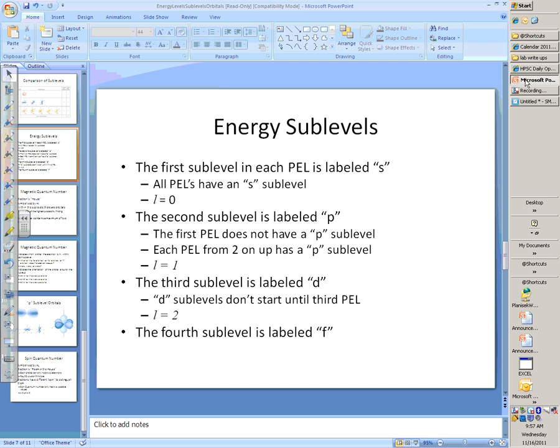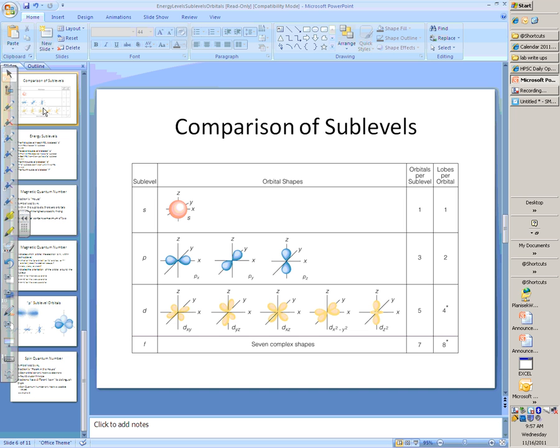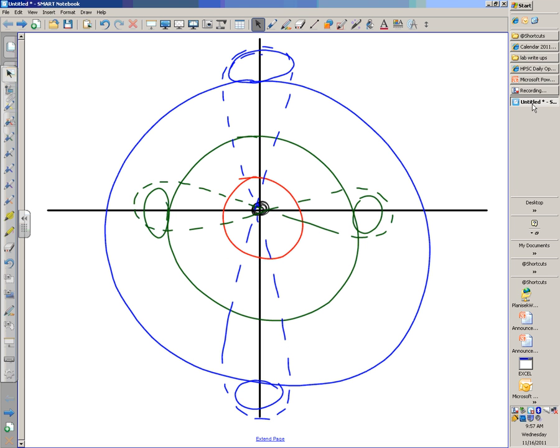Then, once we get to the second energy level, we introduce the P sublevel. If you look back, what do the P sublevels look like? They look like figure eights. If we go back to our picture, here and here, what is the green part that I drew in here?